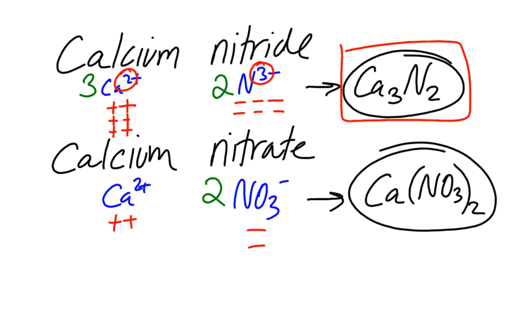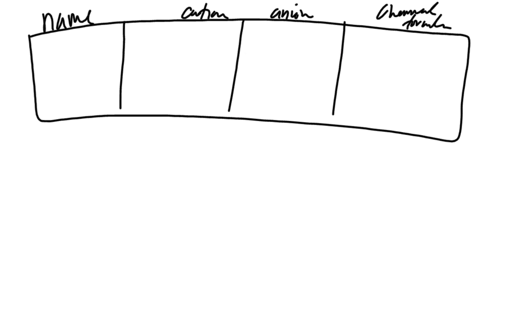Now, tomorrow when you do your worksheet, you're going to have something like this. You're going to have a column for name, a column for cation, a column for anion, and a column for formula. So if I was to fill this out for the calcium nitrate, I would write Ca2+, and since I only have one of them, I'm only going to leave one of them.